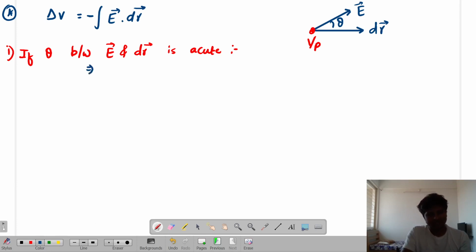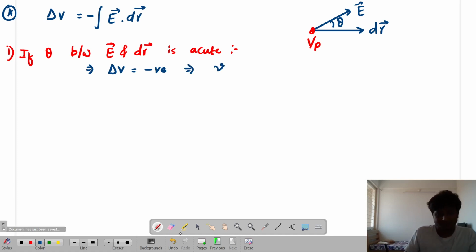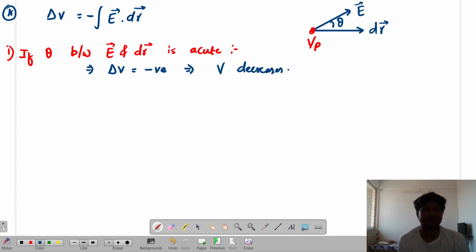So this implies that change in potential is negative, because E dot dr will be positive if theta is acute. So this implies that our potential decreases in the same direction of electric field.